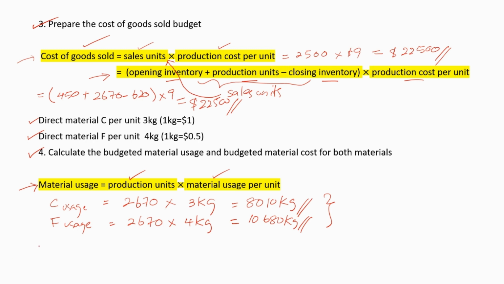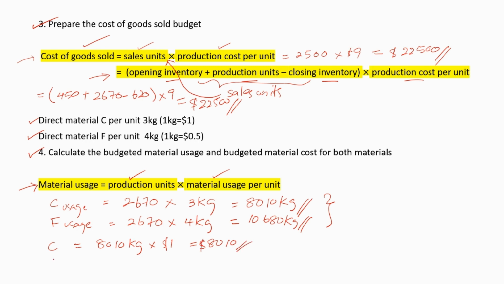Now let's calculate the budgeted material cost. So for material C, the cost is equal to 8,010 kilograms multiplied by $1, because 1 kilogram of material C is equal to $1. So this is equal to $8,010.